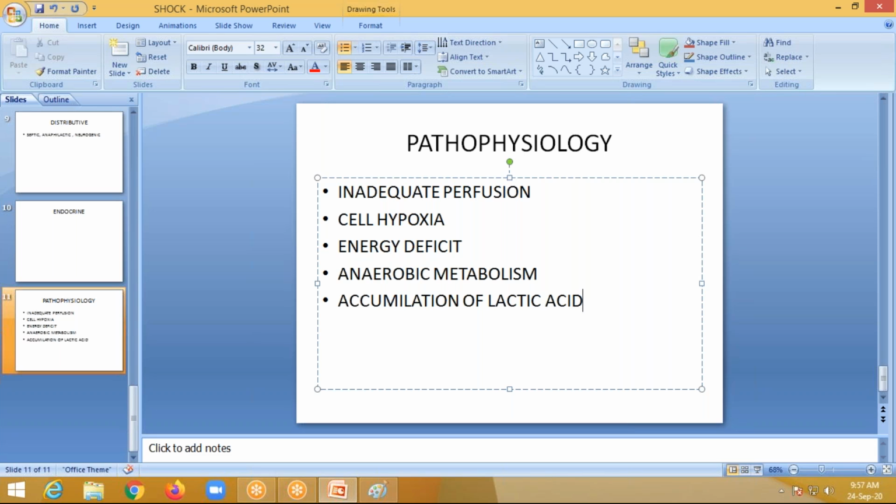If this lactic acid increases, acidic means decreasing or increasing? Yeah, acidic is increasing and the basic is decreasing. So now you understand this fourth line: due to anaerobic metabolism, accumulation of lactic acid is there, and because of this, pH is decreasing.